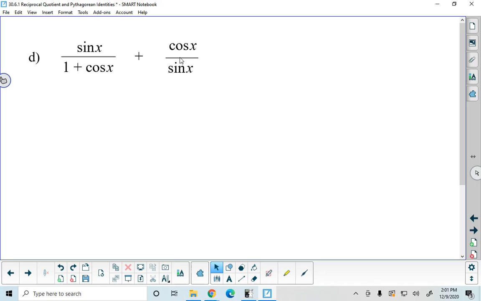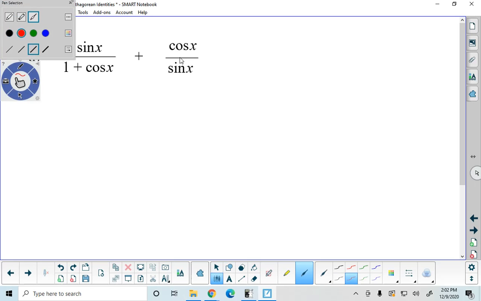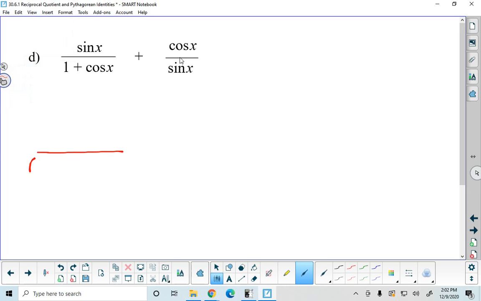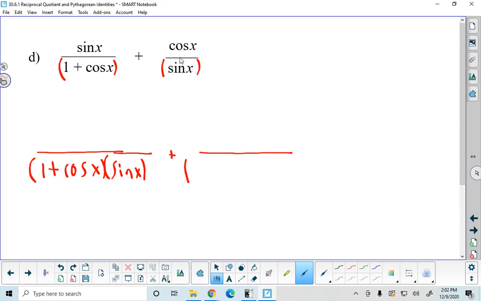The common denominator here, everybody, is going to have to contain a 1 plus cosine of x. Do me a favor and put brackets around the 1 plus cos of x and the sine of x in the top, and a sine of x. Common denominators must always contain every single factor in all of the denominators that you're bringing together. So there's no way for us to get anything simpler for a common denominator.